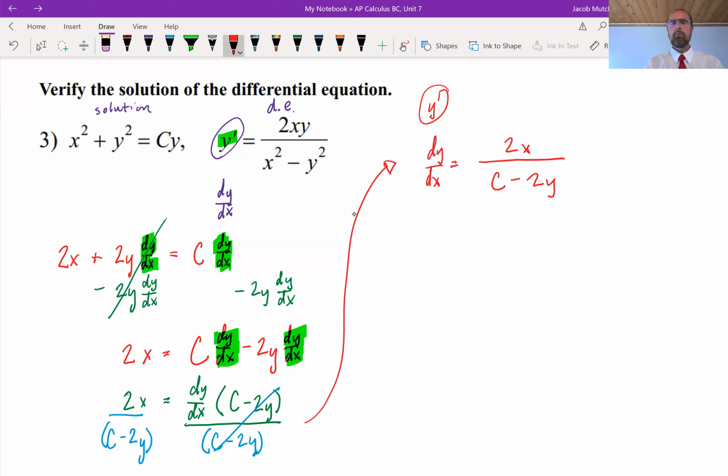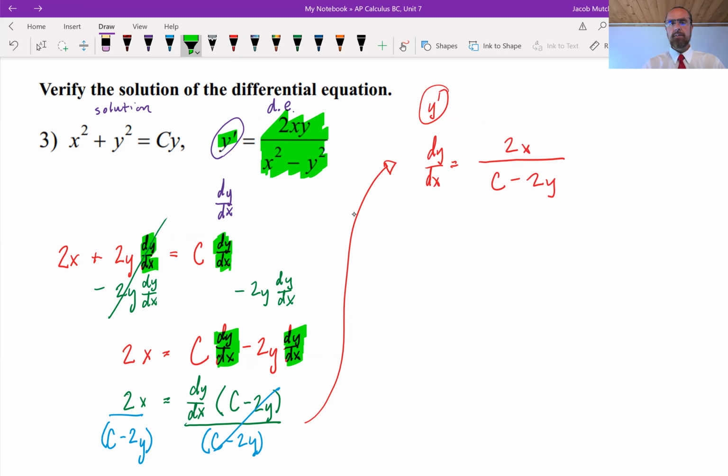Now I'm comparing what I've got at this point with the right side of the differential equation I'm trying to verify the solution for. So I can see that there's some parts there that are looking very much in place. But what I need to do at this point is make some substitutions back in here for C particularly.